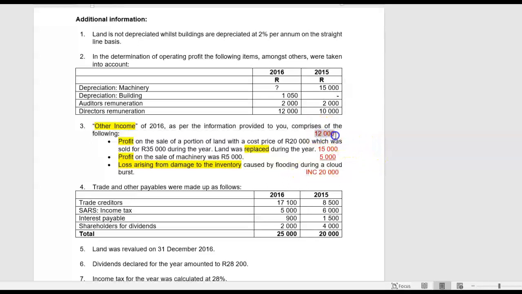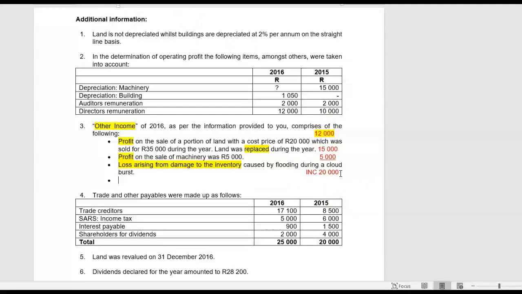There it is, 12,000 rand. So what was the inventory loss then? That must have been the difference. So the inventory loss was the 20,000 less the 12,000, which gives us 8,000. Okay.